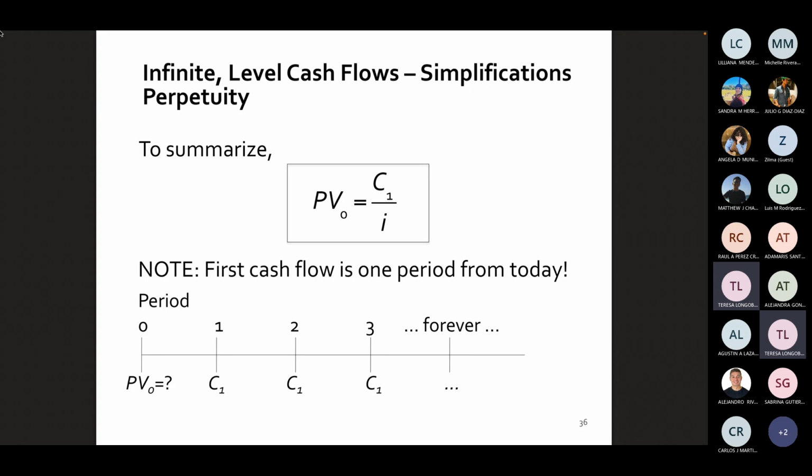So we have a simplification formula known as a perpetuity for the setting where we have cash flows that are the same. Notice my notation here, C1. So that's your initial cash flow, and then you keep getting the same cash flow, and you get it forever.